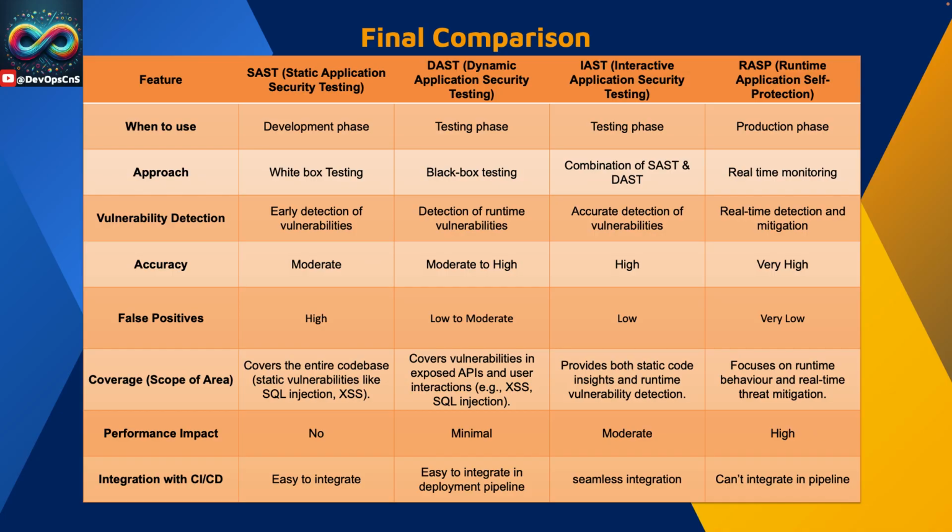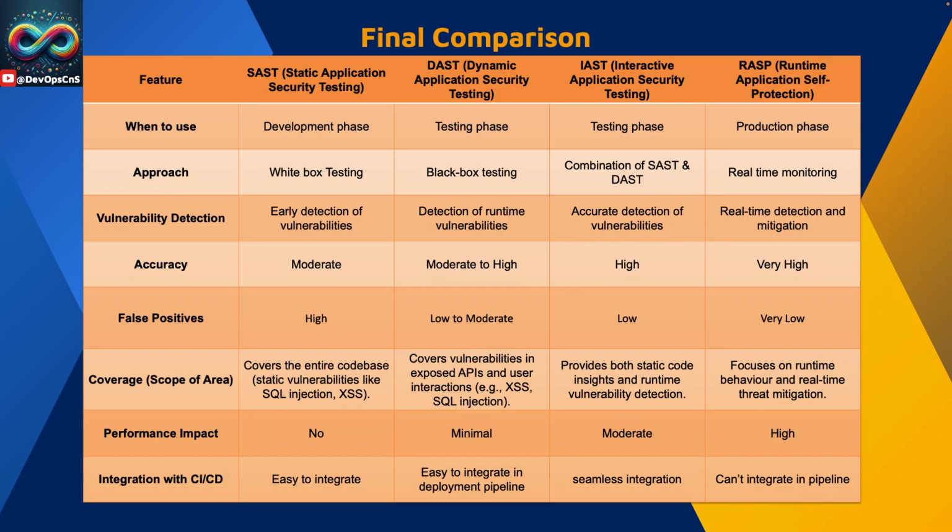Next is the performance impact. How do these tools impact the performance of the application? SAST has no impact on the application at runtime. DAST has minimum impact because we run these tools on either a QA or stage environment.